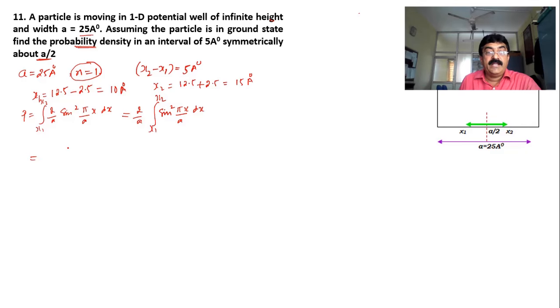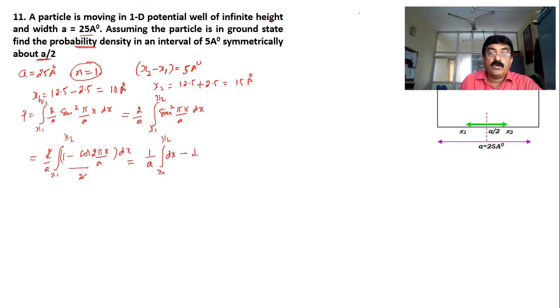Okay, go ahead. It is 2 by a as usual. How? 1 minus cos 2 theta formula. Integral of 1 minus cos 2 theta, 2 pi x by a into dx, whole thing divided by 2. That is 1 minus cos 2 theta by 2. 2 cancel, that is equal to 1 by a, of course x1 to x2, integral of dx minus 1 by a integral of x1 to x2 into cos 2 pi x by a dx.